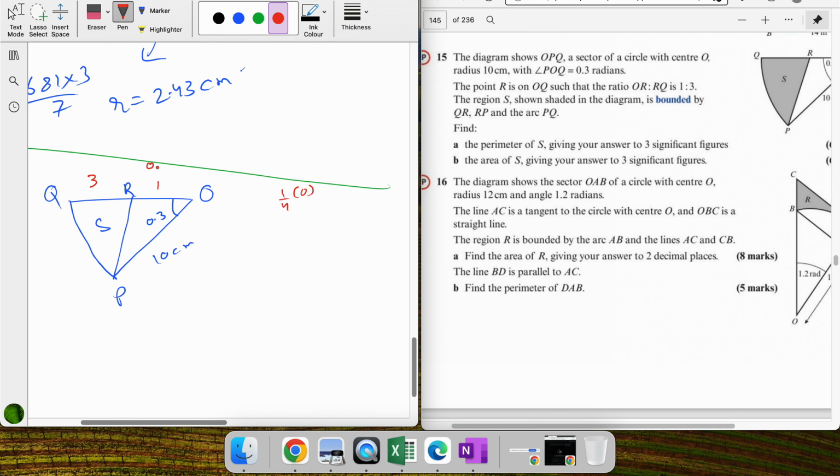So this is 2.5 centimeters and that is 7.5 centimeters. The region S shown shaded in the diagram is bounded by QR, RP and PQ. So this is the bounded region. Find the perimeter of S, giving your answer to three significant figures.